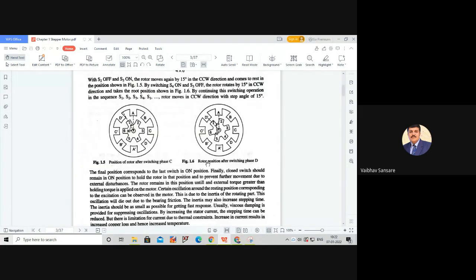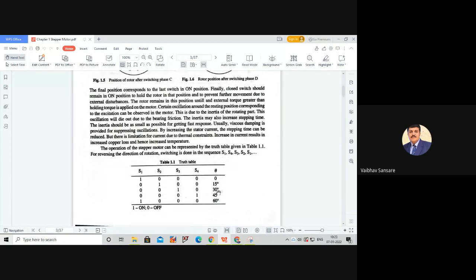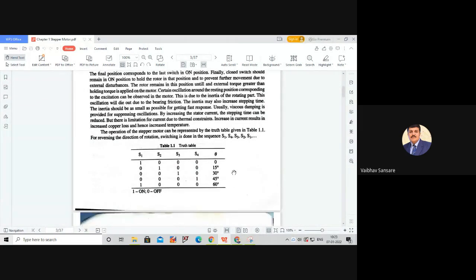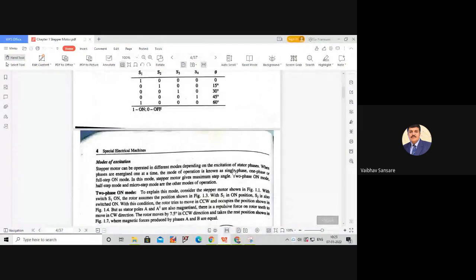That operation we have learned in the previous lecture. Now, whether other operations are possible? Yes, that step angle, that displacement or position of the rotor, is also possible with some alternate switching modes. We are going to discuss those modes of excitation in today's lecture.